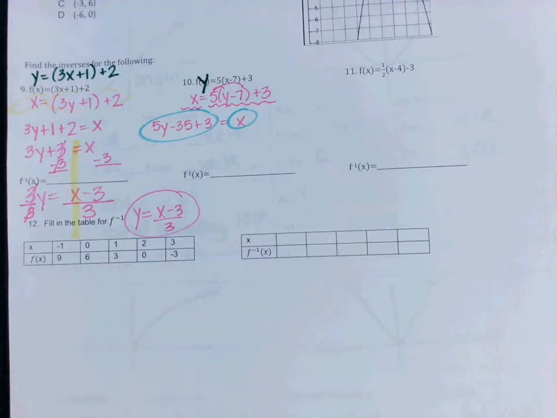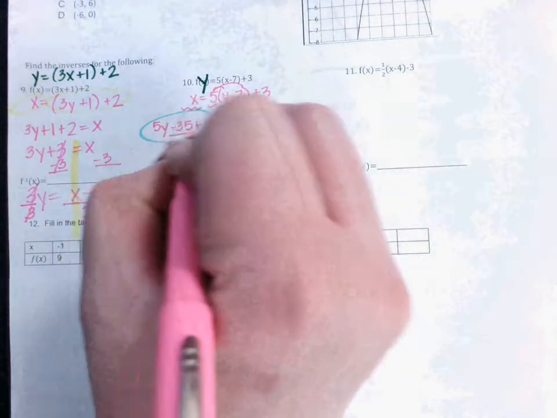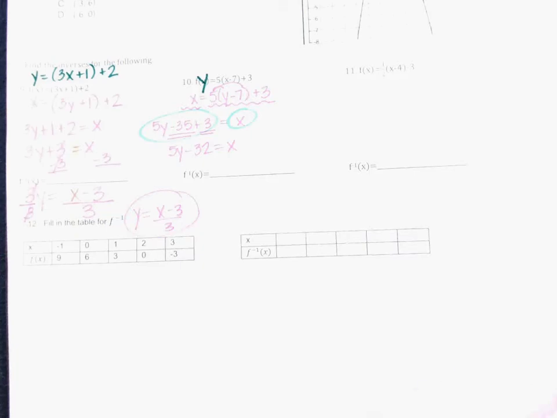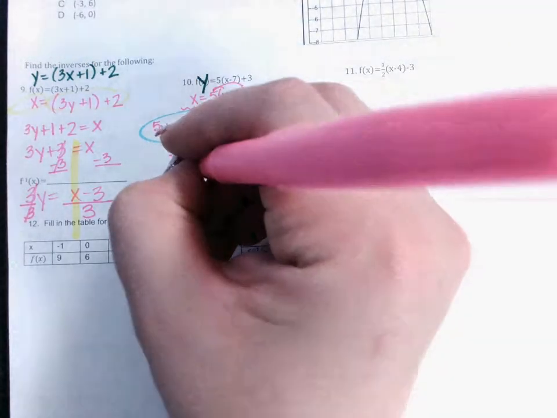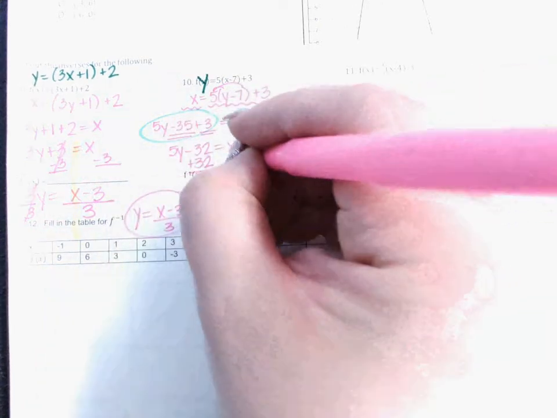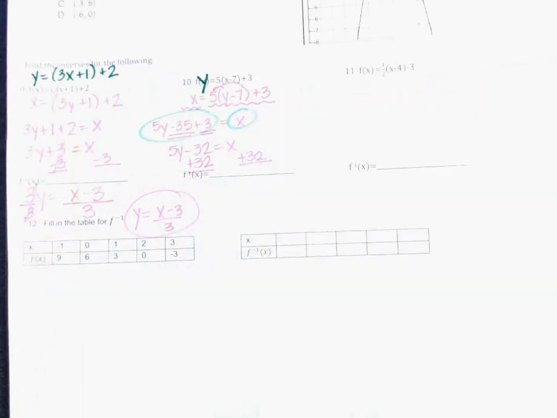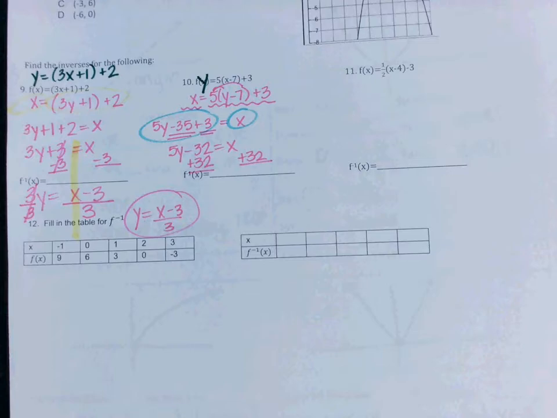So what is negative 35 plus 3 here? Negative 32, good. And then how do I get rid of negative 32? Add it to the other side, plus 32 and plus 32. Notice I'm not lining it up under the x because I know they have to stay separate. They're not like terms.